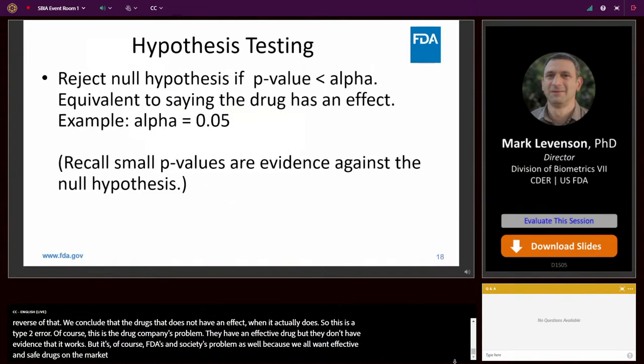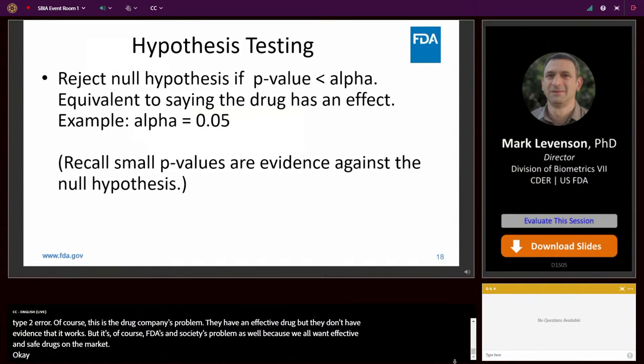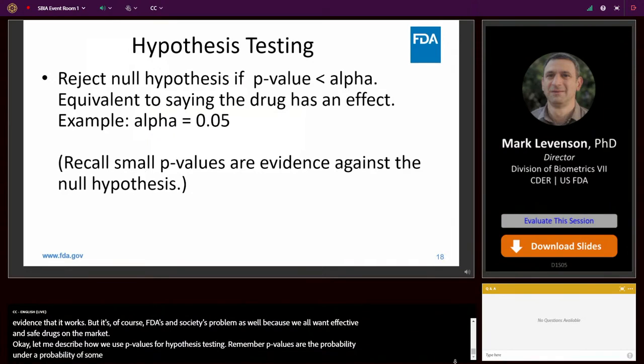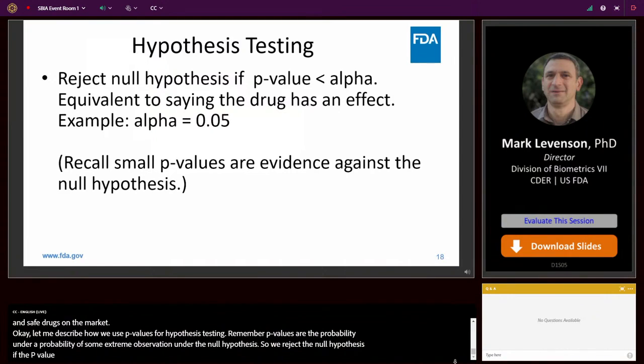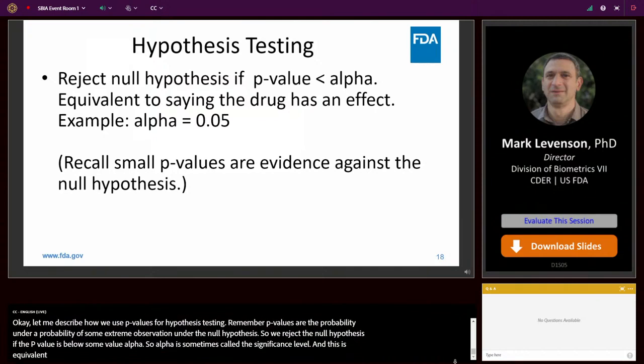Okay, let me describe how we use p-values for hypothesis testing. Remember, p-values are the probability of some extreme observation under the null hypothesis. So we reject the null hypothesis if the p-value is below some value alpha. Alpha is sometimes called the significance level. And this is equivalent to saying the drug has an effect, using the example I've been using.